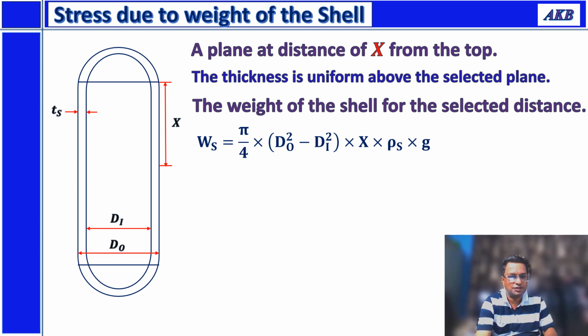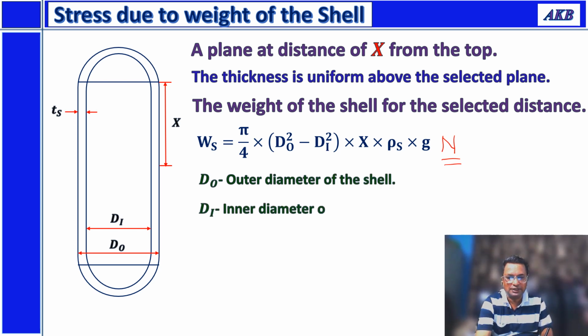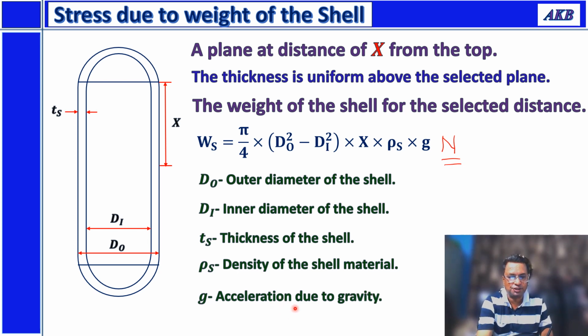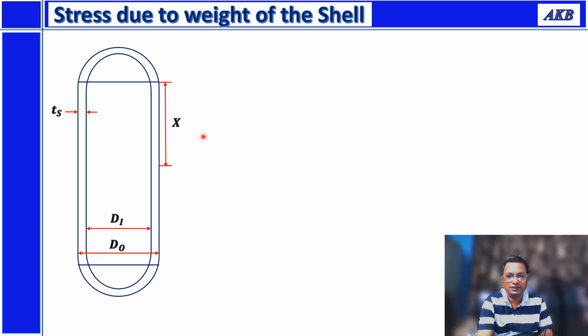That means this formula gives us the weight of the shell in Newton. dO is outer diameter, di is inner diameter of the shell, Ts is thickness of the shell, rho s is density of the shell material, and g is of course the acceleration due to gravity. Let us continue further.